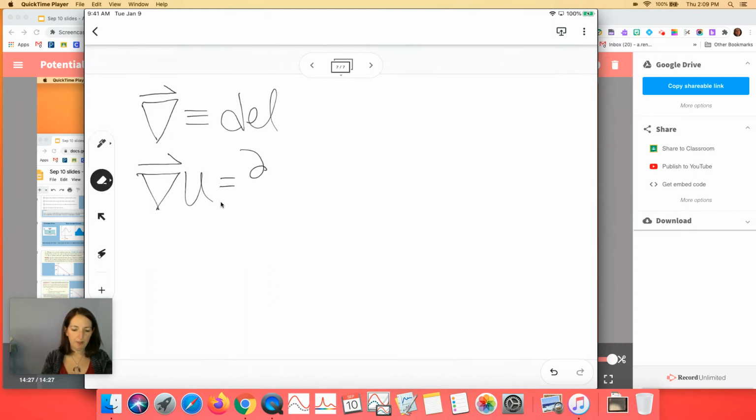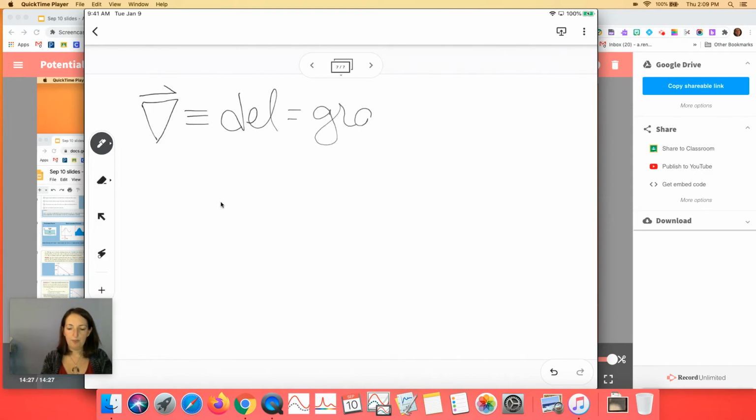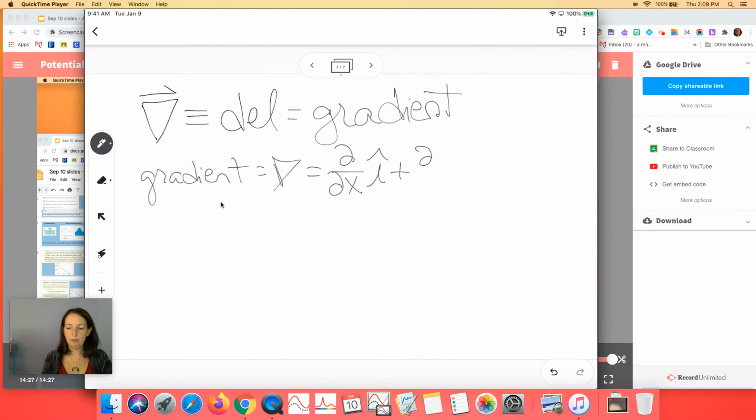Before I apply it to a scalar, let me just tell you what this is. When I use it as something called a gradient, okay, so gradient del equals partial x. I will talk about what I just wrote in a second.